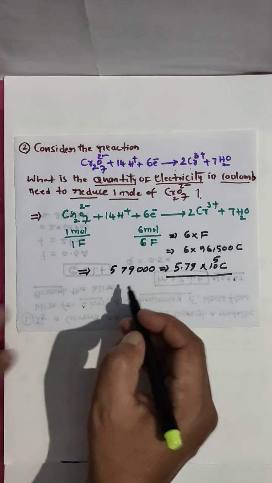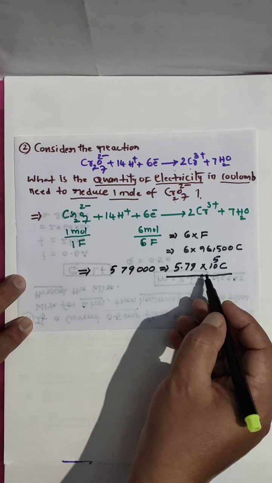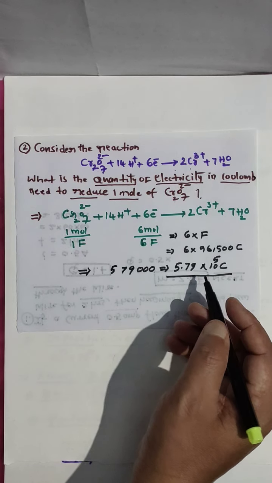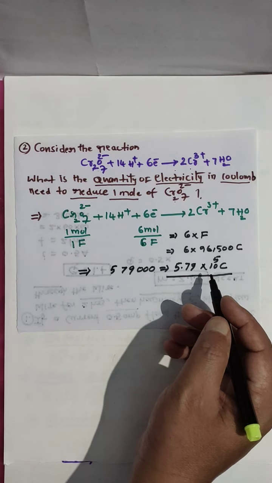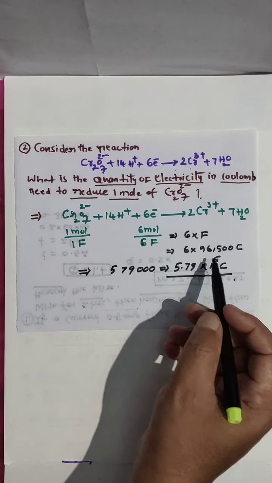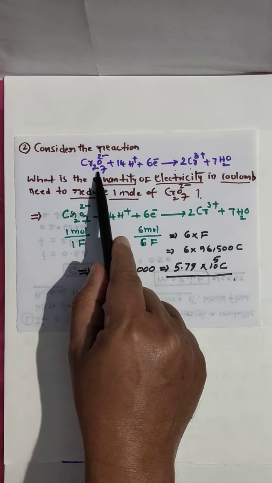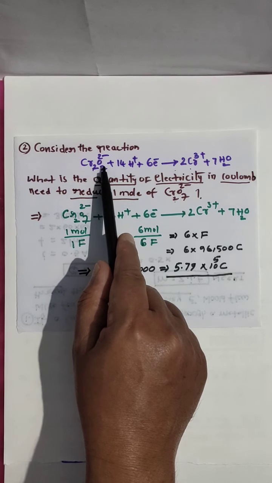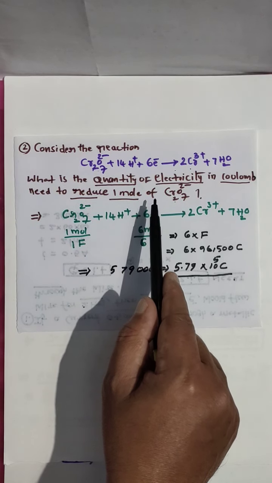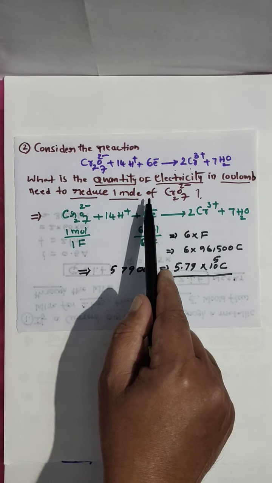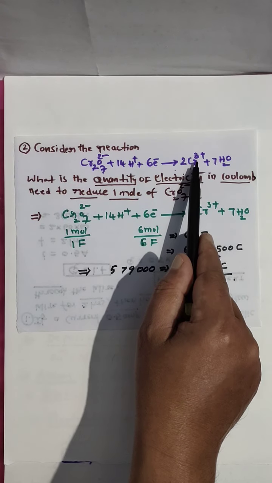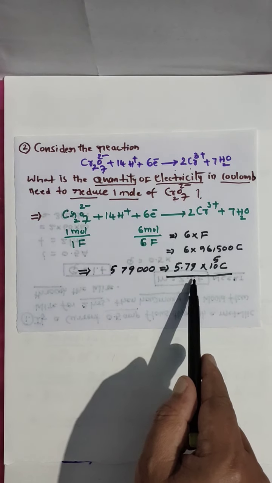This is how to calculate the Q value, the charge value. This is one problem we have here. Clear? So to reduce 1 mole of Cr2O7 2- to Cr3+, we need this much charge.